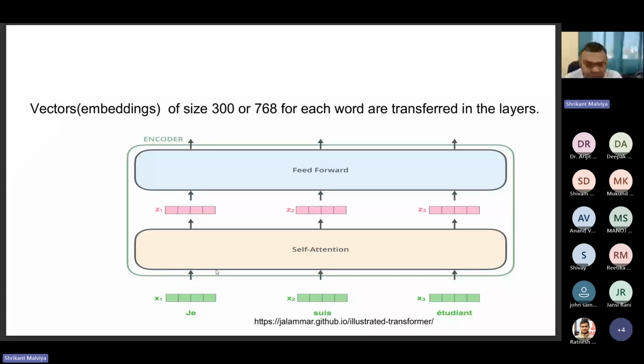Then they are processed by self attention, applying the multi-head attention that we talked about. After getting that attention-based output for each word, it is given to the feed forward layer, which applies non-linearity. Finally, the encoded version of the input word is obtained after this encoding node.